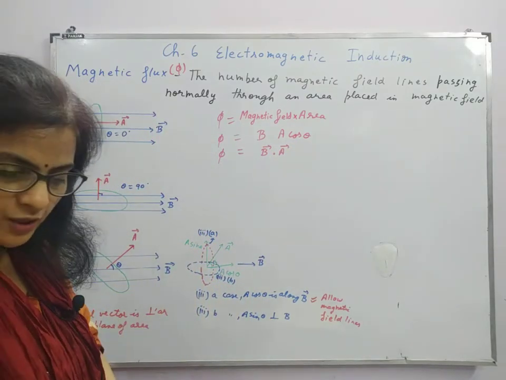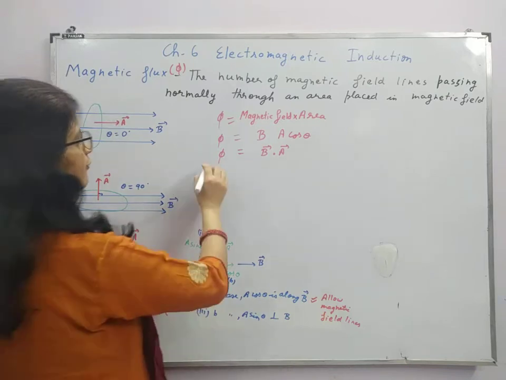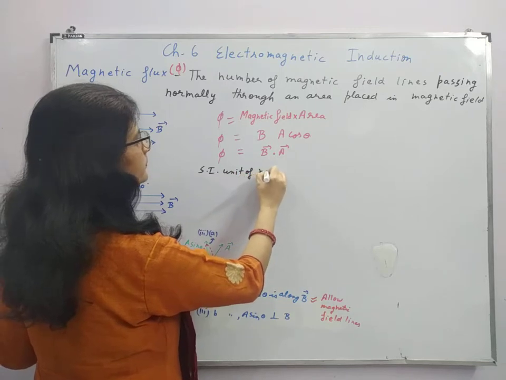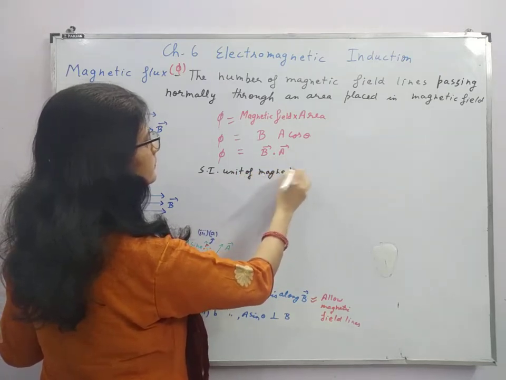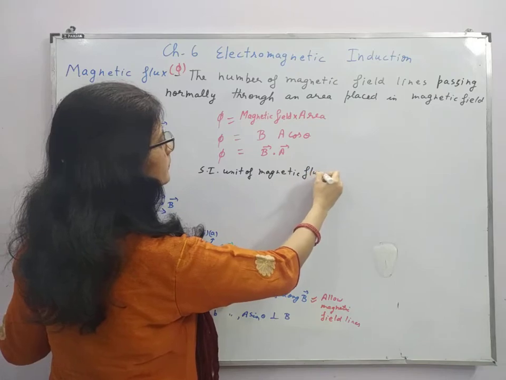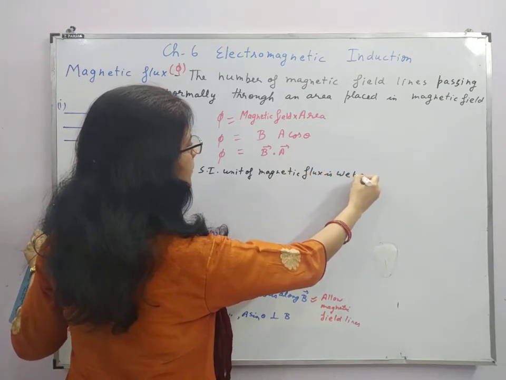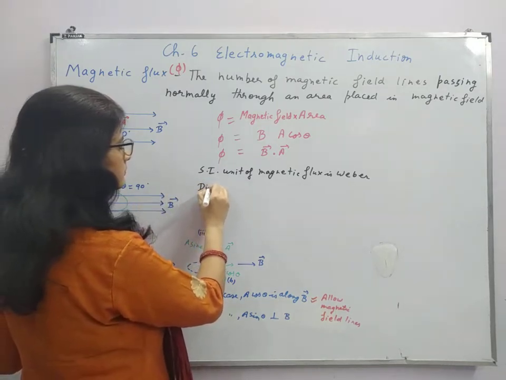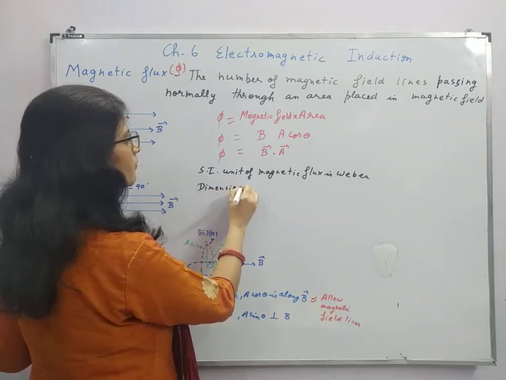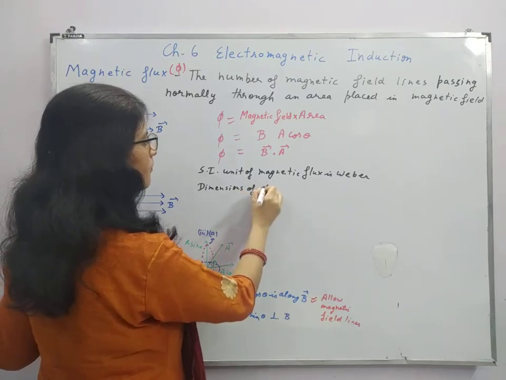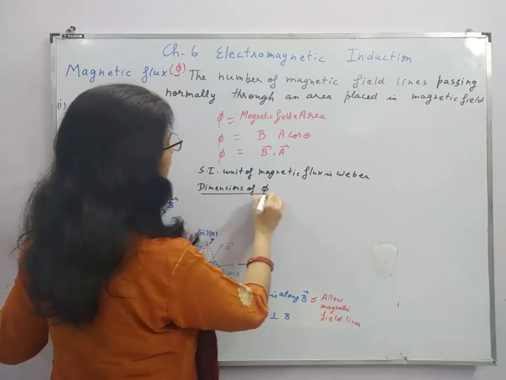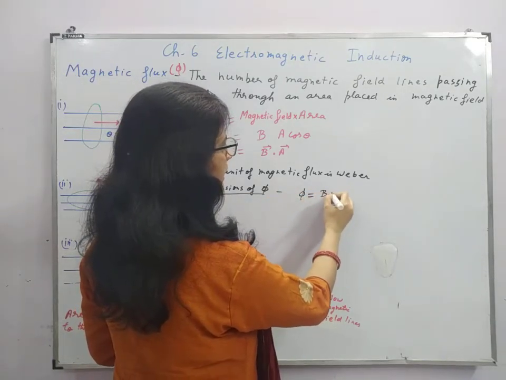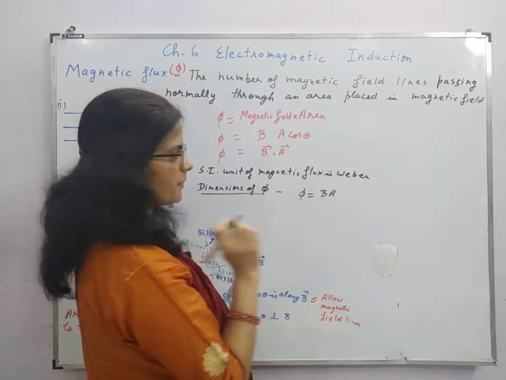Now we'll write the SI unit. SI unit of magnetic flux is Weber. If I want to find the dimensions of phi, I can find using phi is equal to BA, because cos theta has no dimensions.